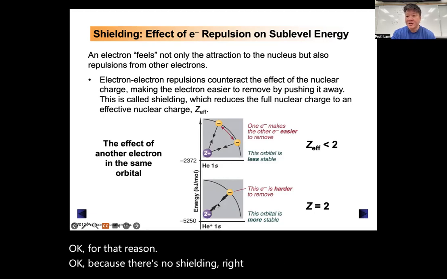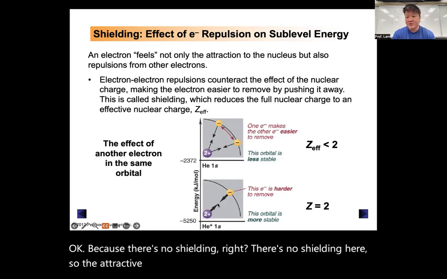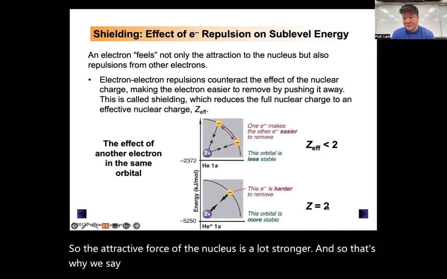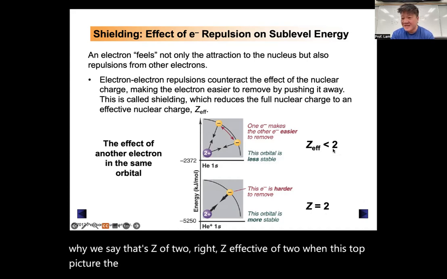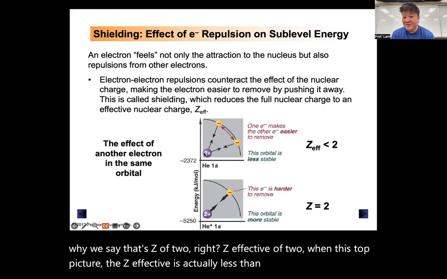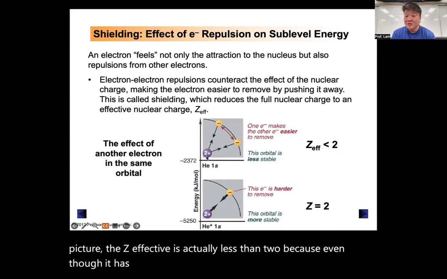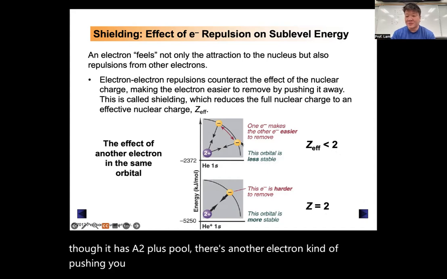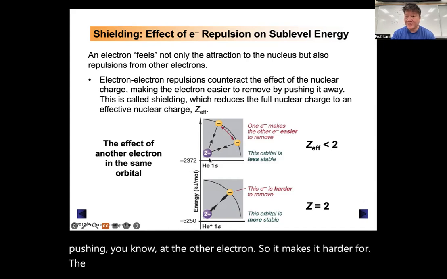There's no shielding here. So the attractive force of the nucleus is a lot stronger. And so that's why we say that's Z effective of 2, right? Whereas in this top picture, the Z effective is actually less than 2, because even though it has a 2 plus pull, there's another electron pushing at the other electron. So it makes it harder for the proton to pull the electron in, right? Okay.